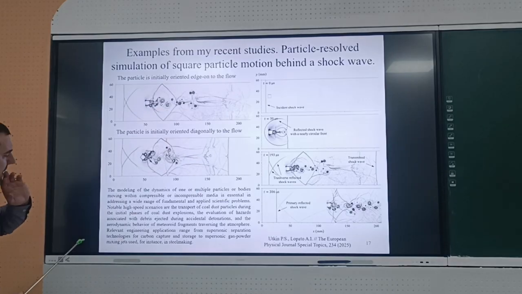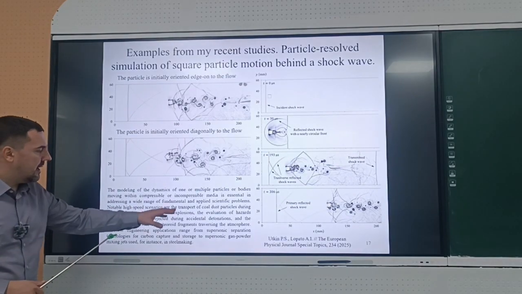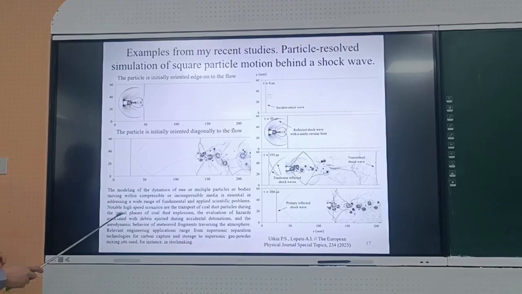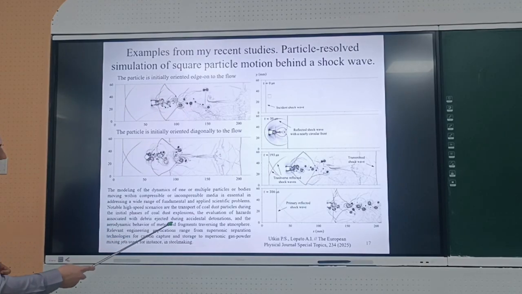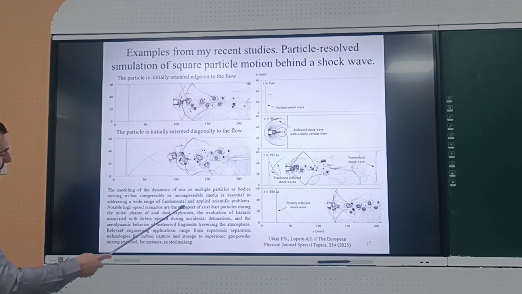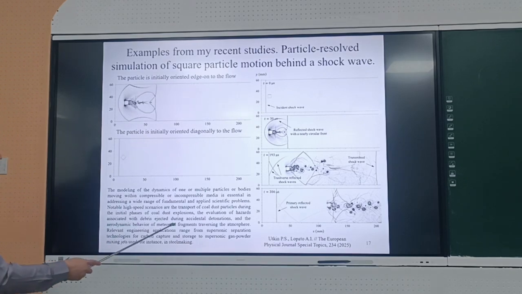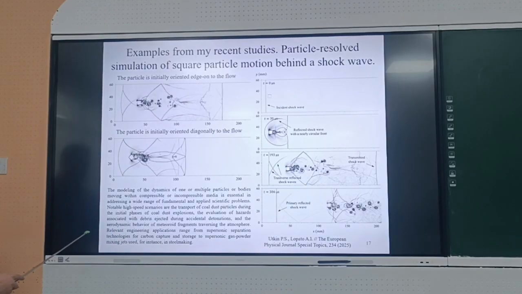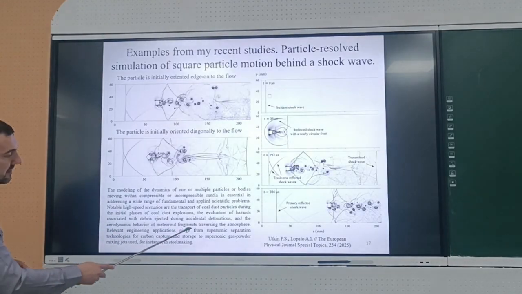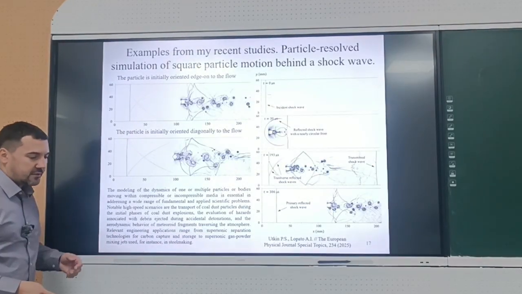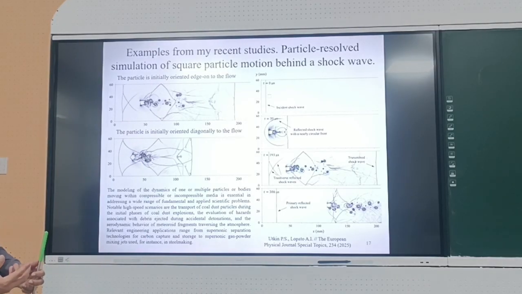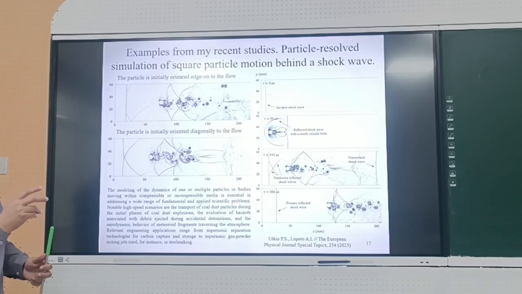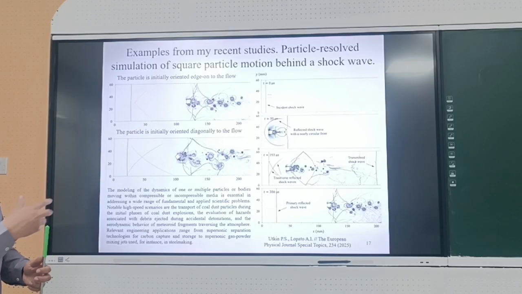If we consider high-speed scenarios, for example, the transport of coal dust particles during the initial phase of coal dust explosions, the evaluation of hazards associated with debris ejected during incidental detonations, and the dynamic behavior of meteoroid fragments in the atmosphere. So it means that in some cases you should know how complex-shaped bodies move in a high-speed environment.